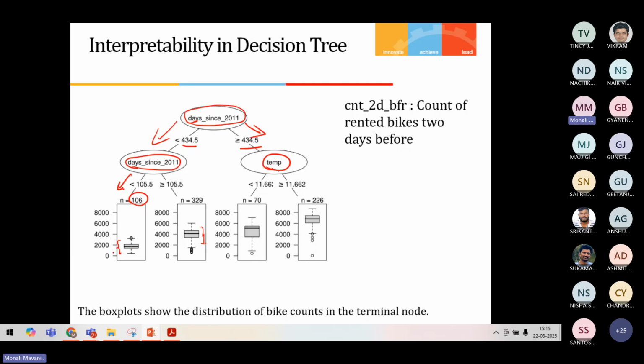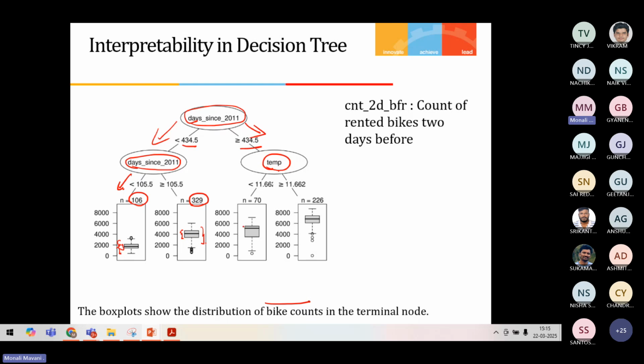So you can say the rental bike value changes in this range. The box plot here shows the distribution of the bike count in the terminal node. Out of 329 data points, this is the data distribution of the number of bikes which have been rented.